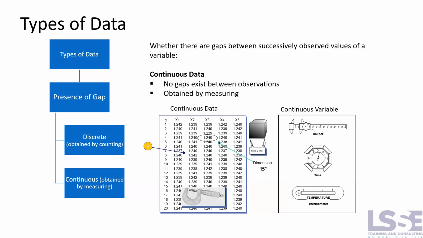Process capability is a description of how good your process is. So the way you would describe your process will be dependent on whether you are dealing with discrete data or continuous data. So it's very important that you are able to distinguish which data is discrete and which data is continuous.